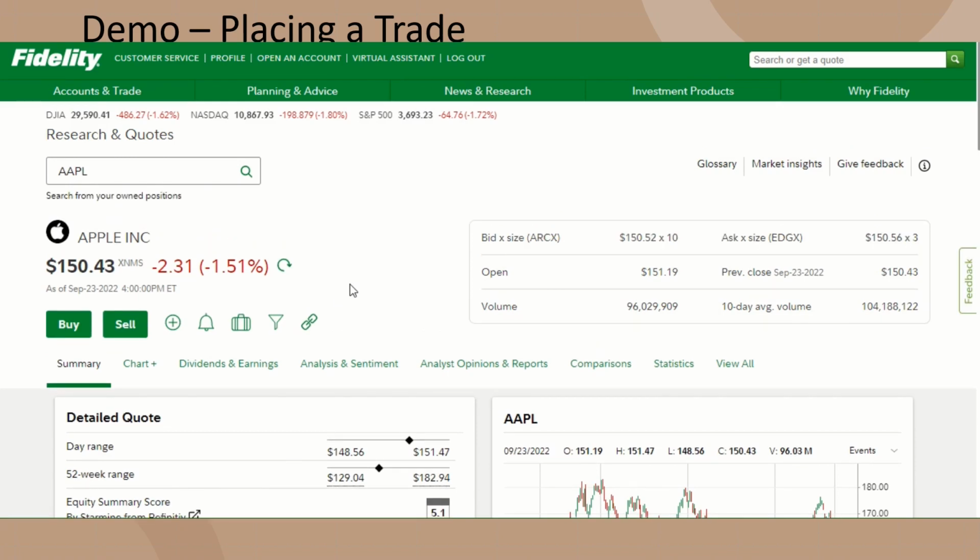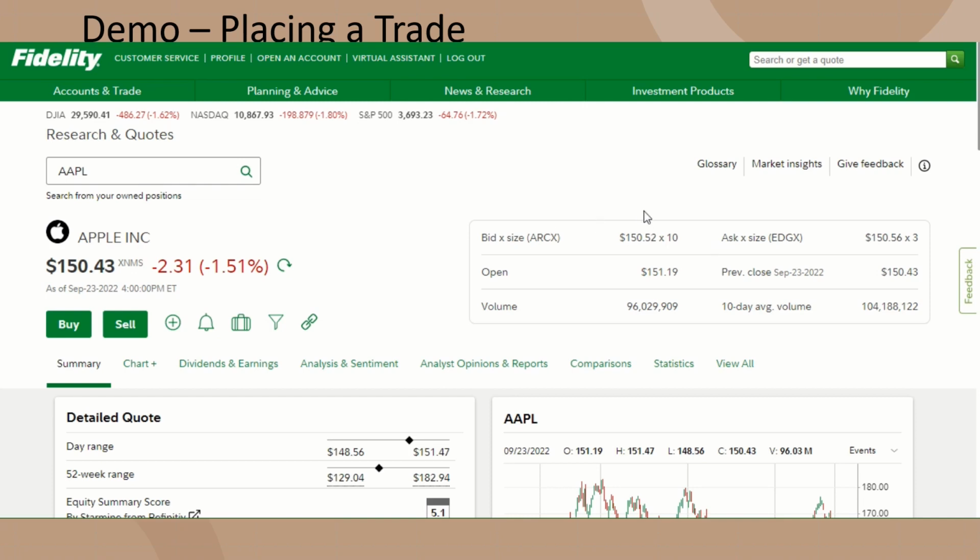Now there is so much information out here. We will cover some of those items in a very detailed video in the future. But here I would like to show you some of the key items which you should know before placing the order. One is the bid size and the ask size. Bid is the maximum price at which a buyer is willing to buy the stock.